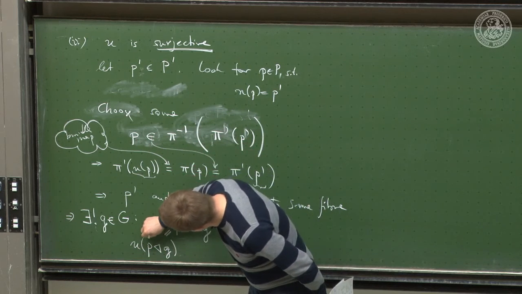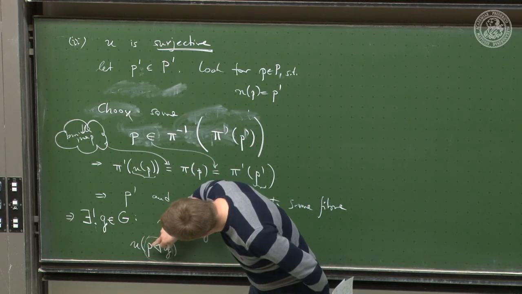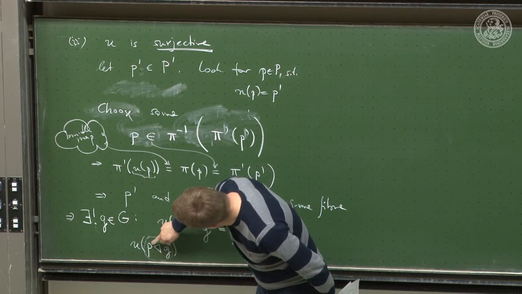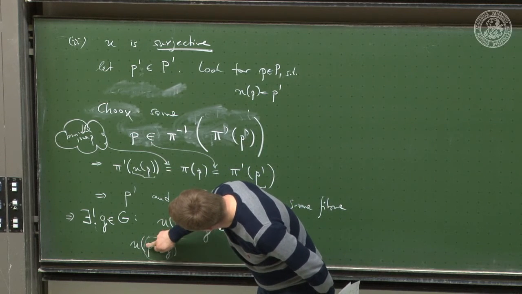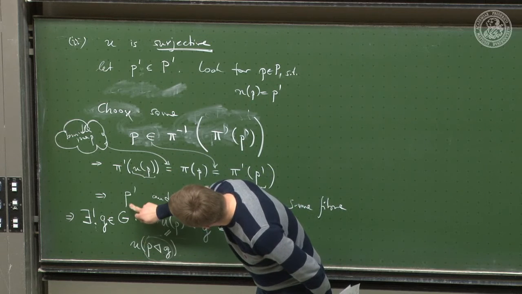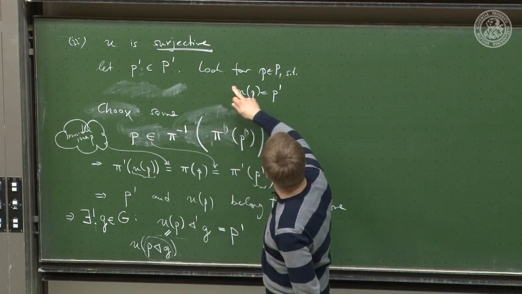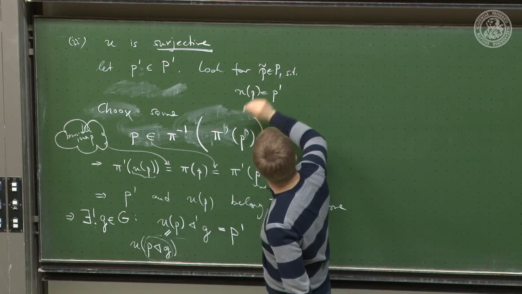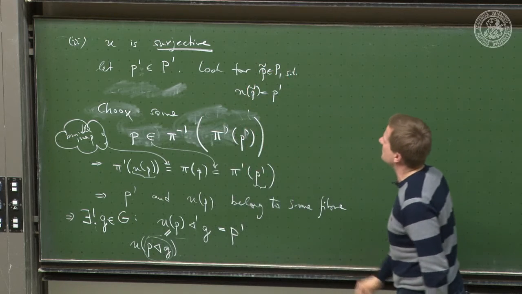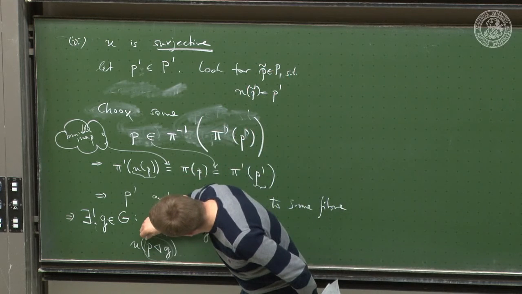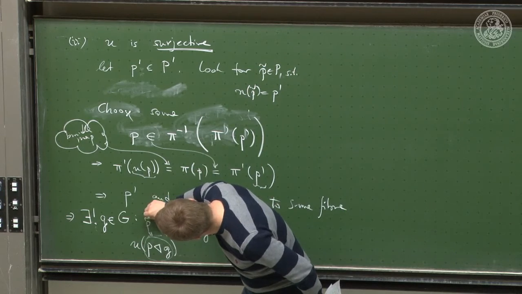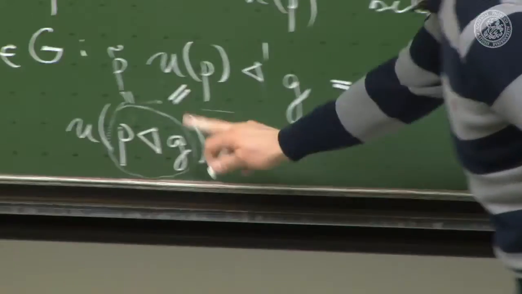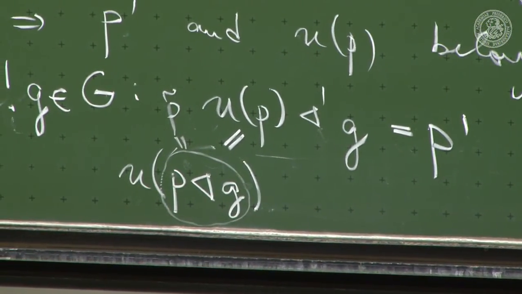But that means this guy here, built out of an arbitrarily chosen p and a correspondingly chosen g, is an element in P. So we should say we look for a p twiddle such that this is the case. That is what we do. We look for such a p twiddle, and this guy here is precisely the p twiddle we were looking for, because u of p twiddle is the p prime.